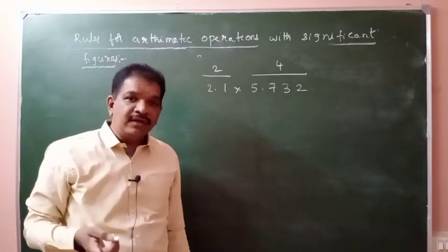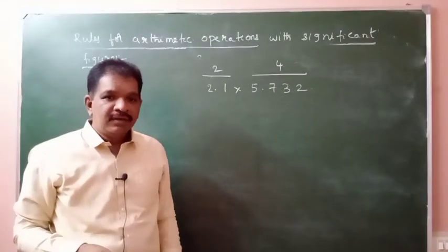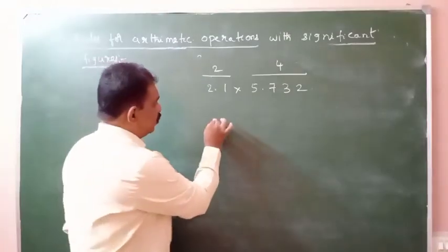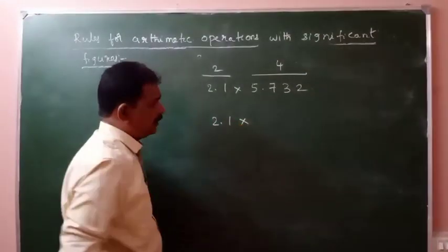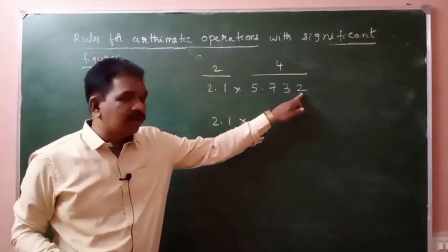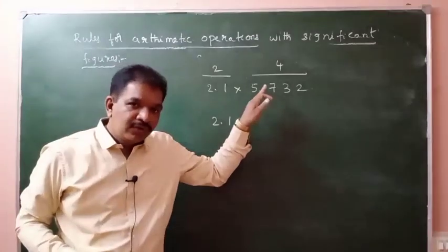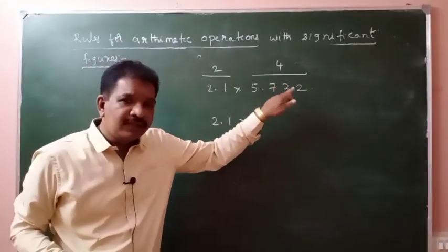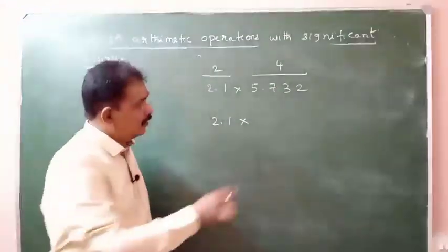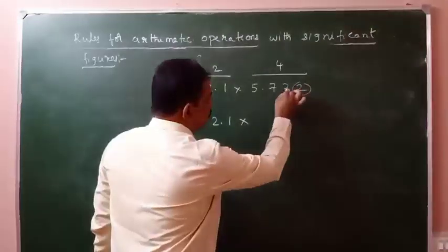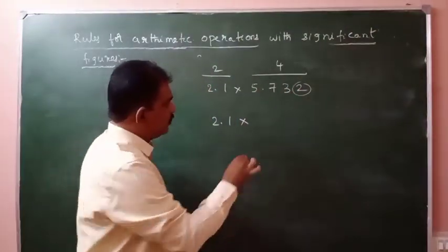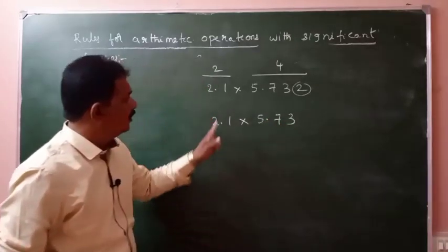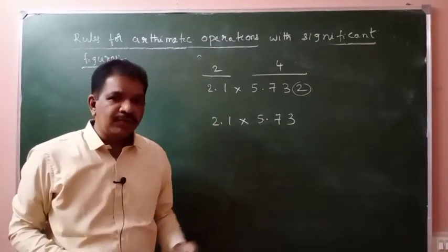Round off the other number to one more significant figure than the least. So 2.1 you keep as it is. This will have four significant figures. You have to round it to have three significant figures. So this 2 will be discarded. Preceding digit will not be changed. So it becomes 5.73. So like this first you have to do.